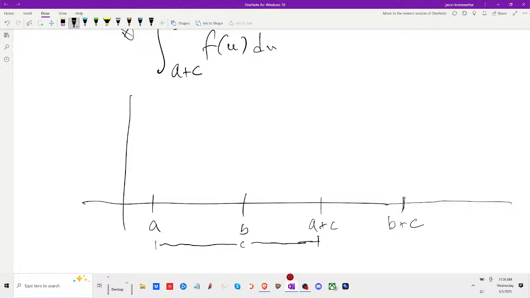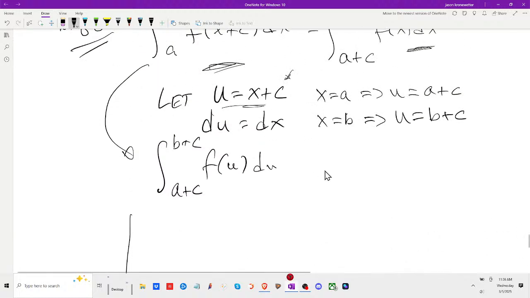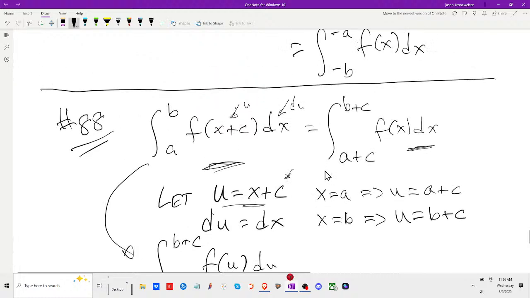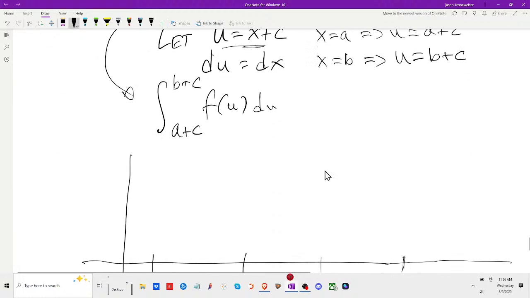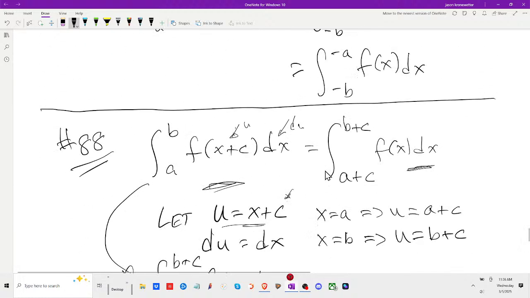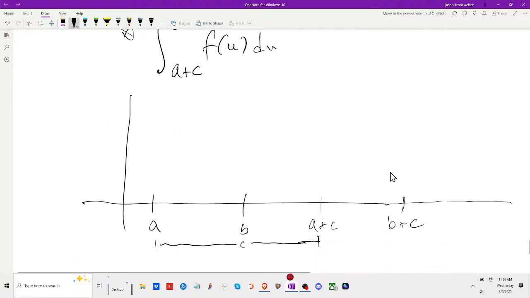All right, so those are the two intervals. And f of x is on the a plus c to b plus c interval.